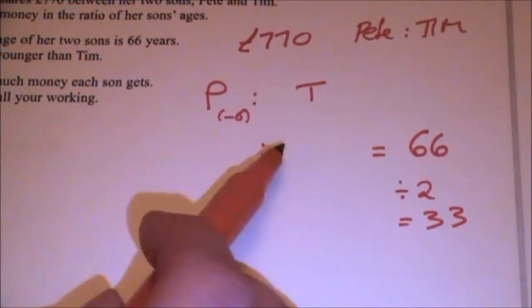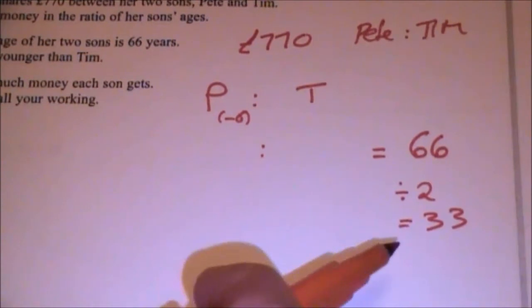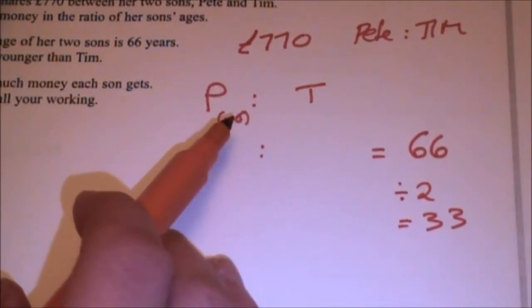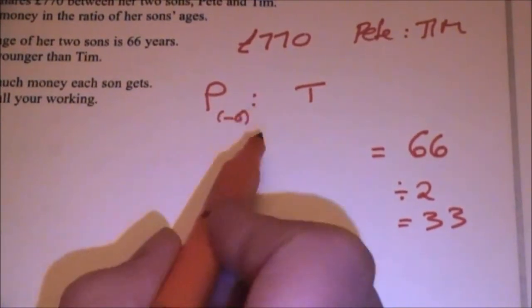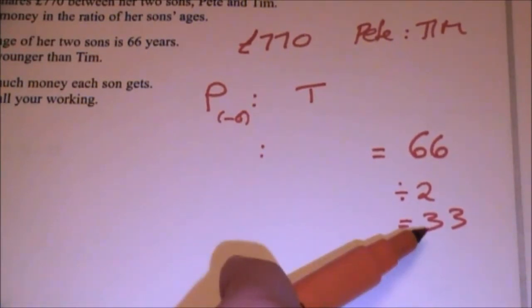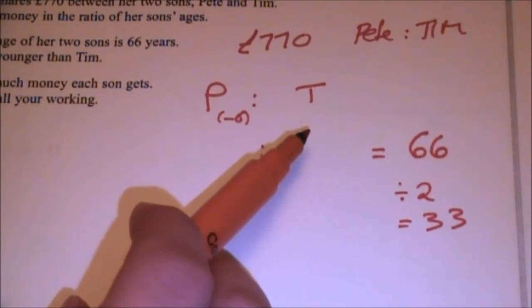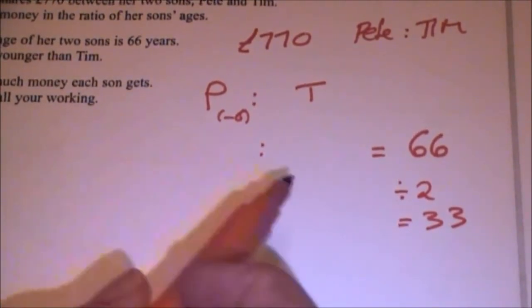I know they're not both 33, because Pete is 6 years younger. Now, I don't take the 6 years off that. I will do a couple of trials here. Sorry, I don't know why I'm stuttering over this.